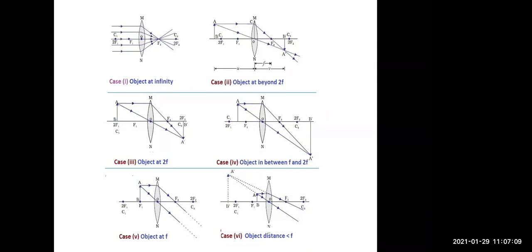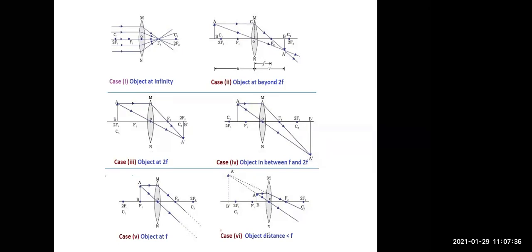Erect means it is straight. You can see the object AB is smaller and the image A dash B dash is larger, and A dash B dash is erect. It is not inverted as we have seen in the other cases. So in this case it is erect and virtual.